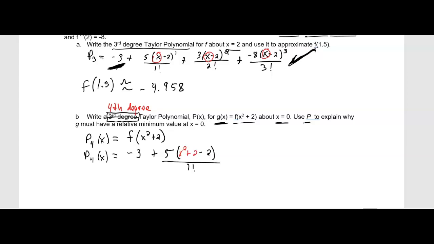So just take this term here and compare them. We have our 5, but the x is no longer a function of x, it's a function of x squared plus 2.